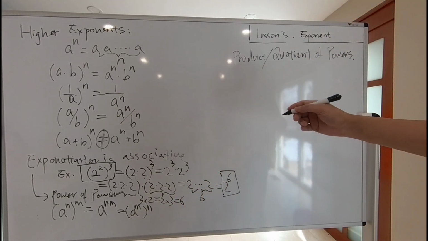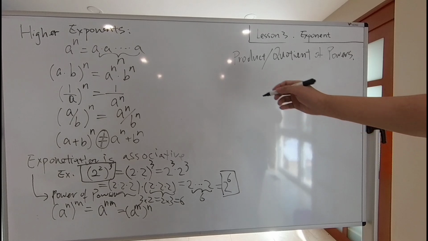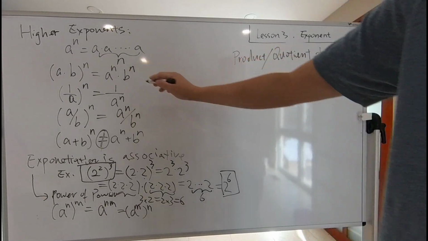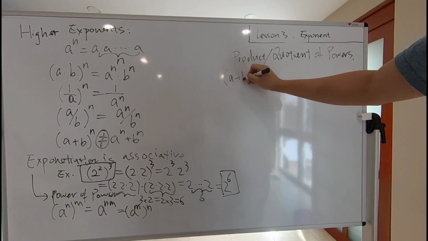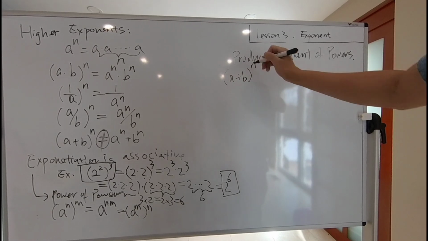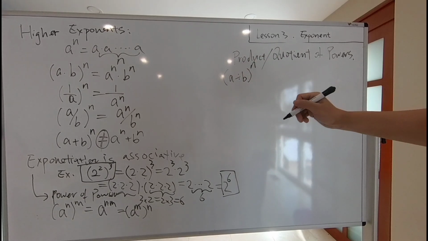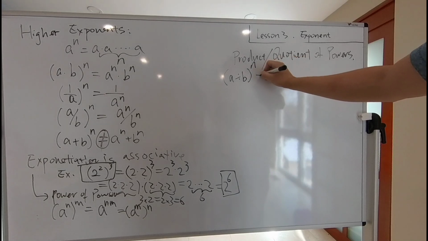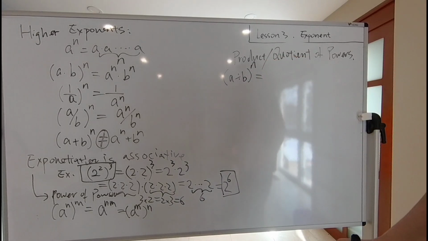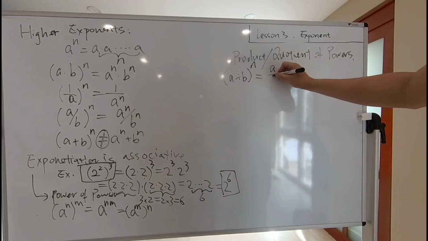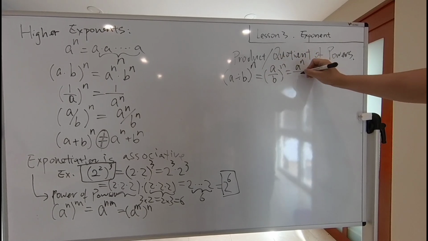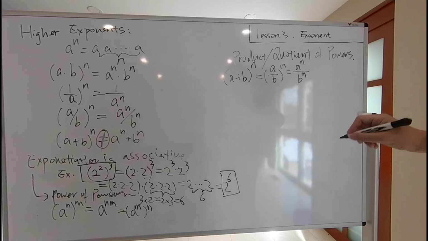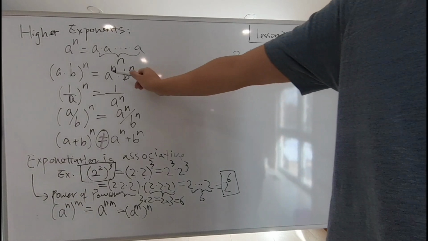Then how about the product and quotient of powers? We actually already have the product of powers, right? Then what happens to the quotient of powers? It's the same thing. The quotient is equivalent to a fraction, a^n over b^n.